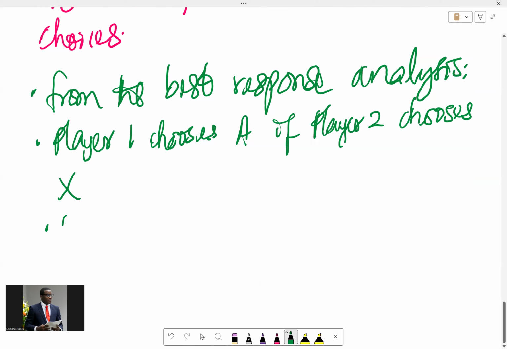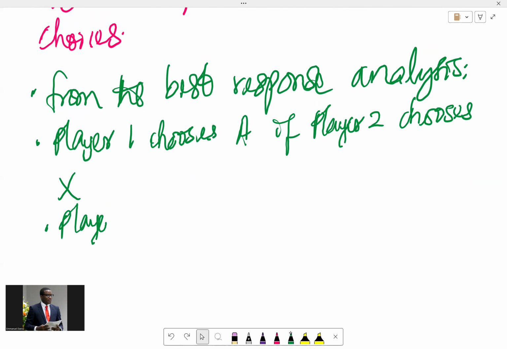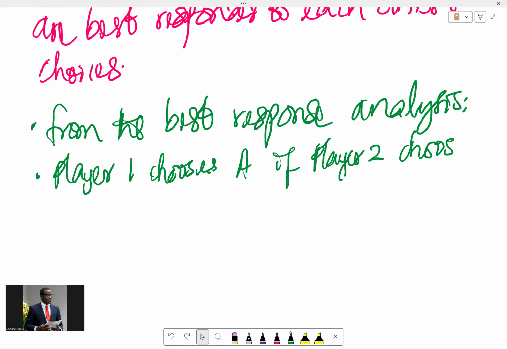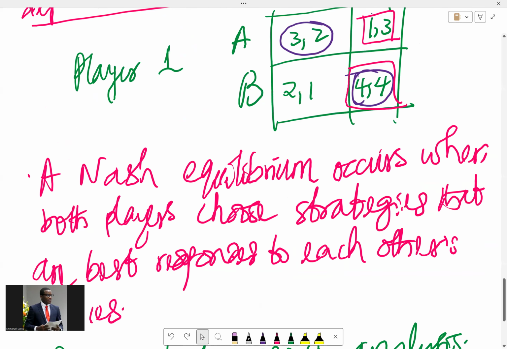Now, I just want to focus on the Nash equilibrium instead of repeating what we have done before. So we have the Nash equilibrium already from what I already demonstrated up there, from the best response analysis, right?